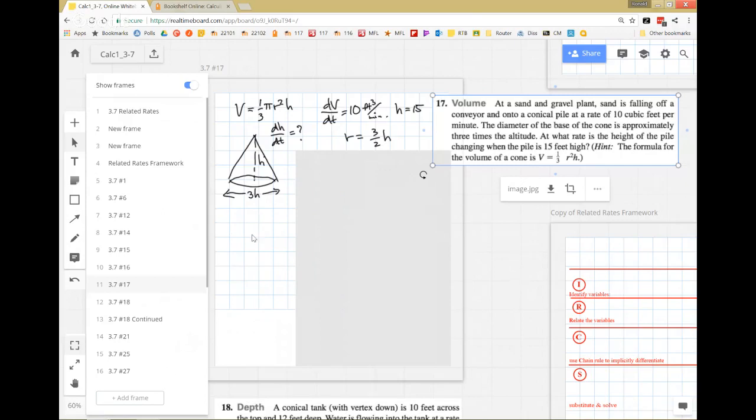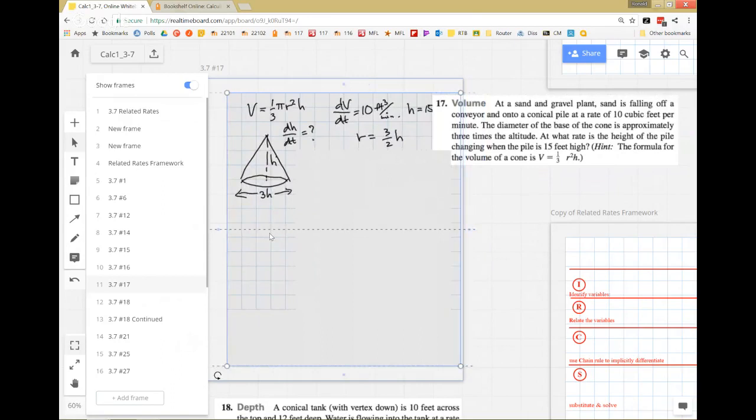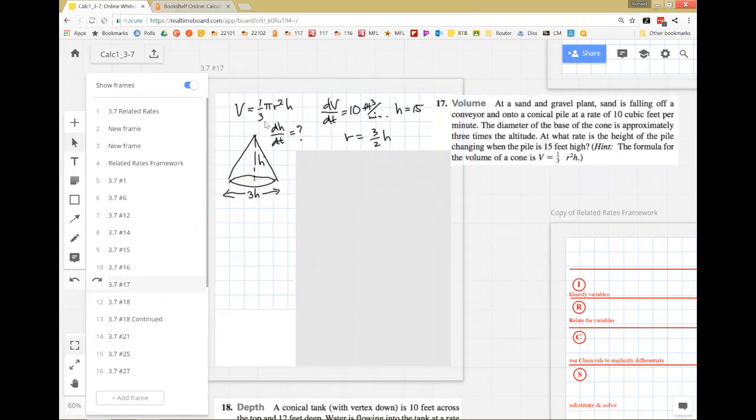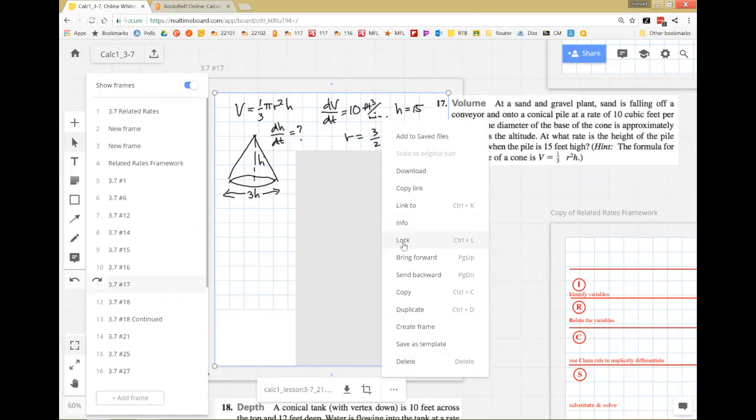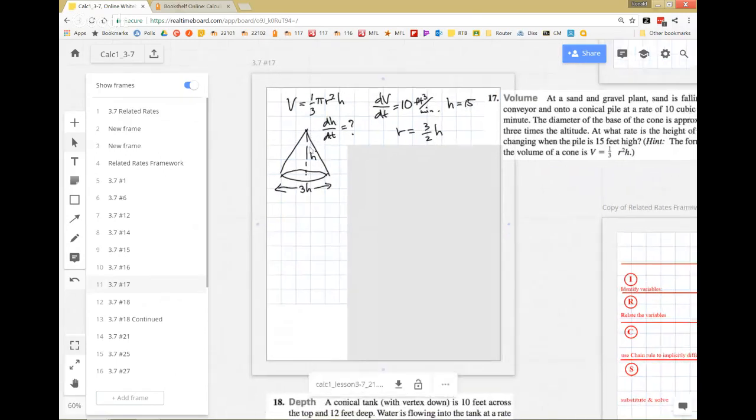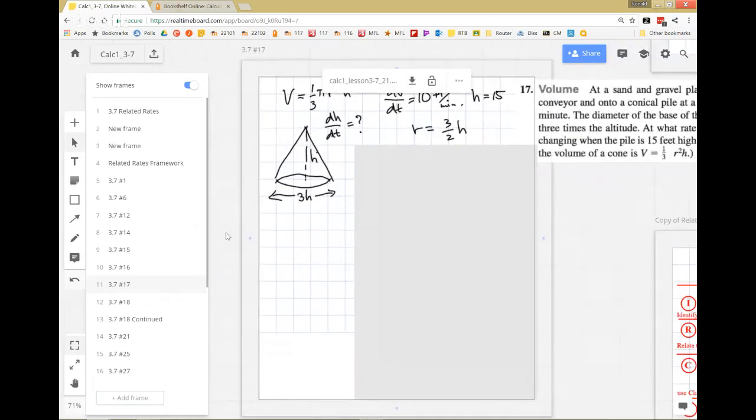All right, so, well, that isn't what I wanted to do. Lock that in place. Okay, so here's what we know. We've got the volume of a cone right here in the top left.